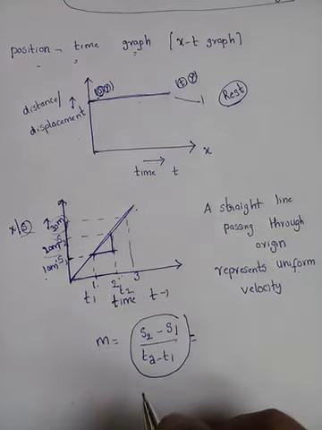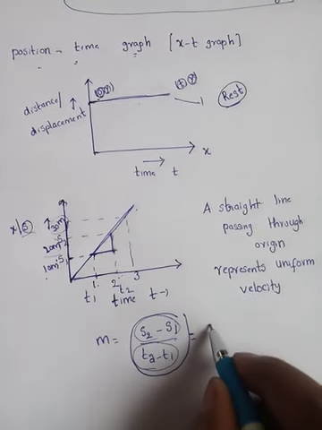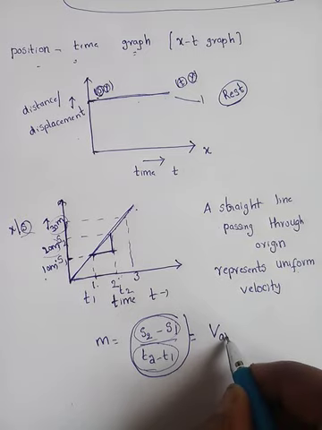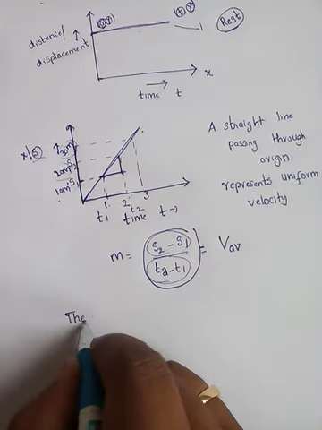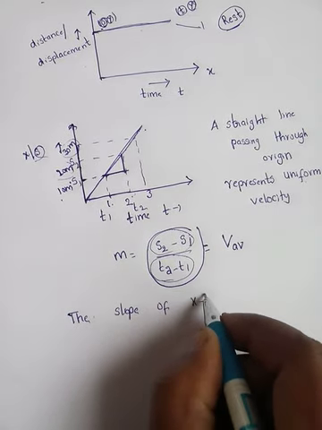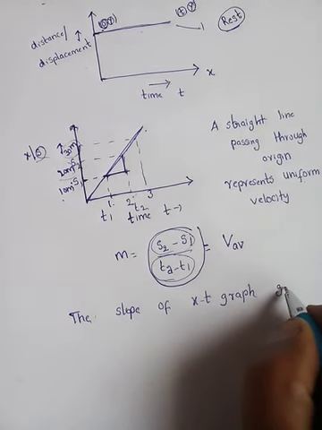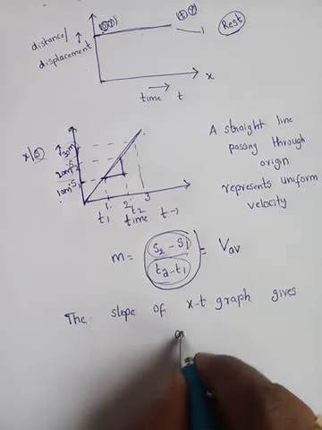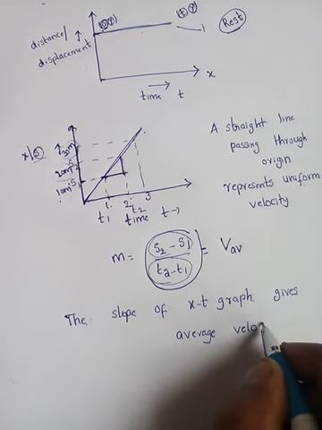Average velocity equals total displacement by total time taken. So this is called average velocity. So we can clearly say that the slope of the x-t graph gives average velocity.